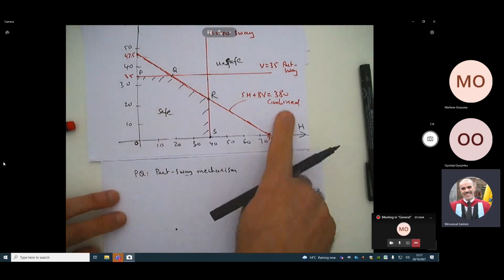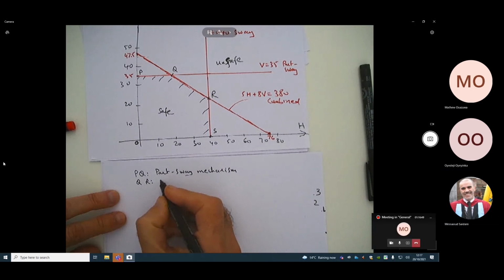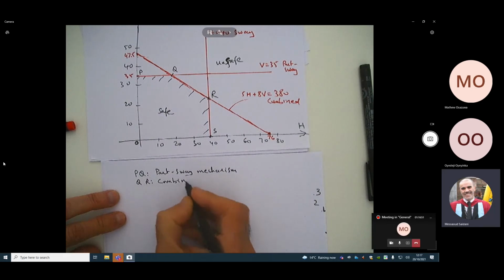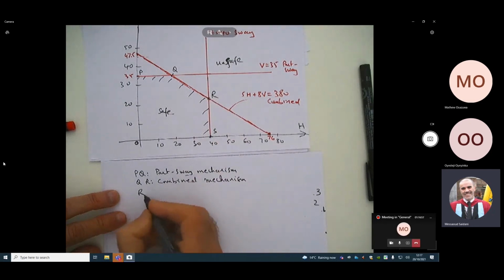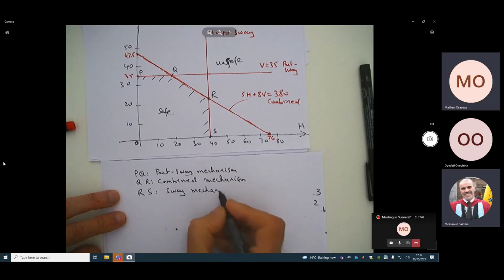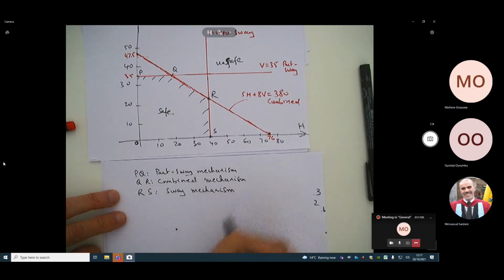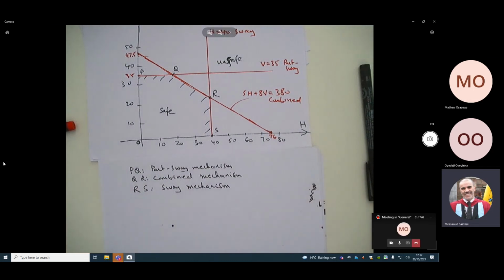QR we have the combined mechanism. And finally, RS, we have the sway mechanism.